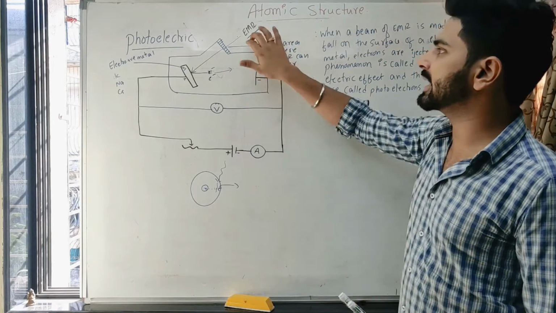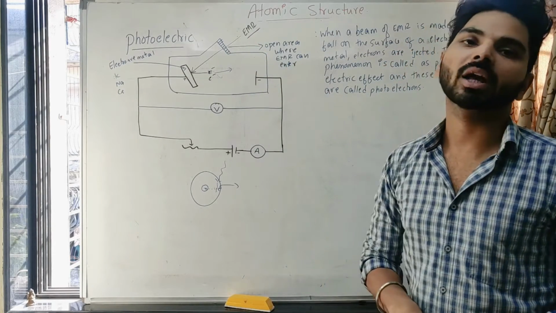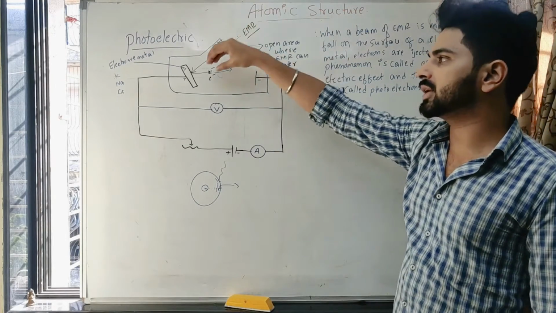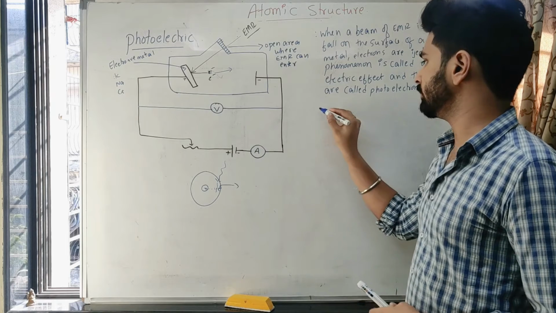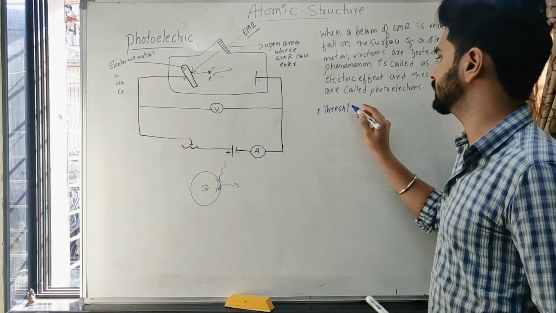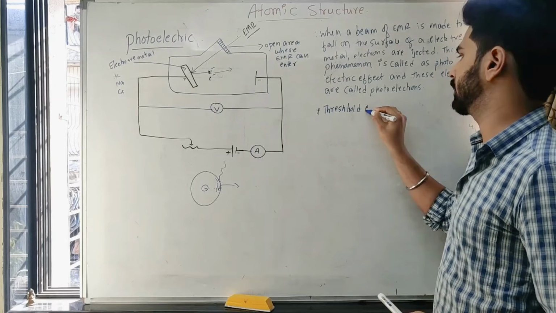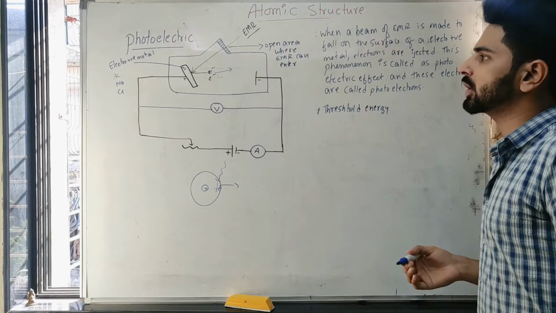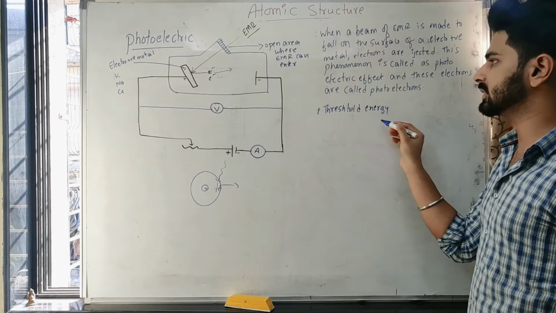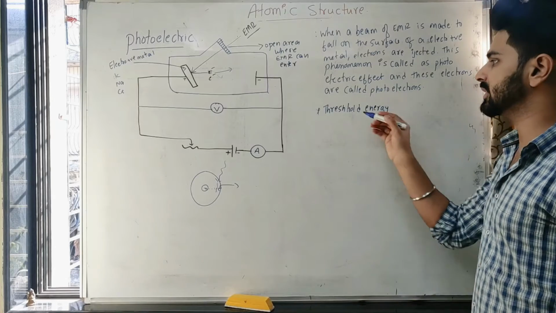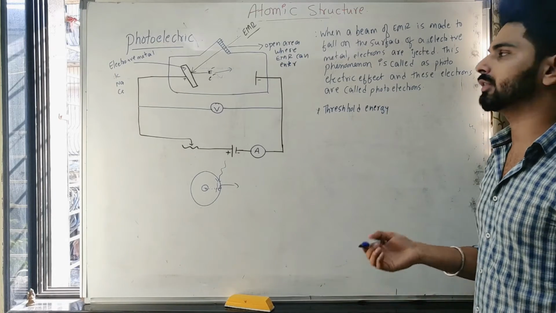So what is that energy called? That energy is called threshold energy. That is the minimum amount of energy needed to eject an electron. So we have to remember threshold energy, or since they are radiations, if you talk in terms of wavelength, it is called threshold wavelength, or in terms of frequency, threshold frequency.